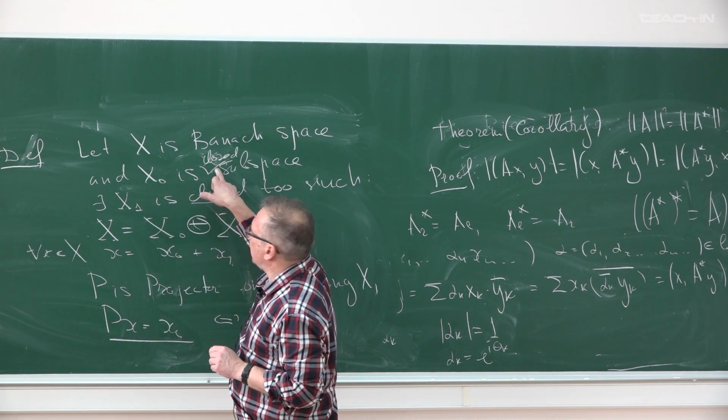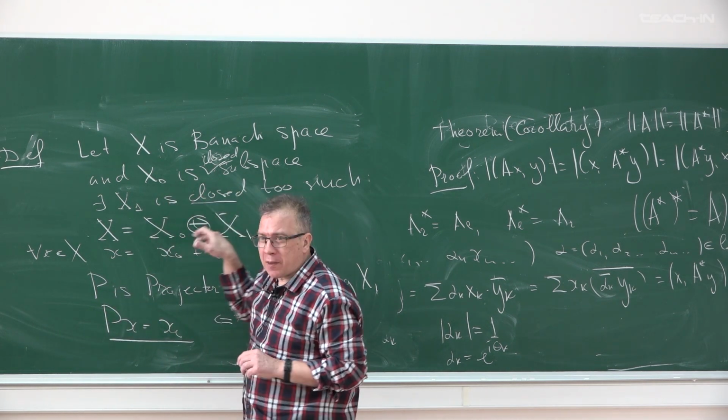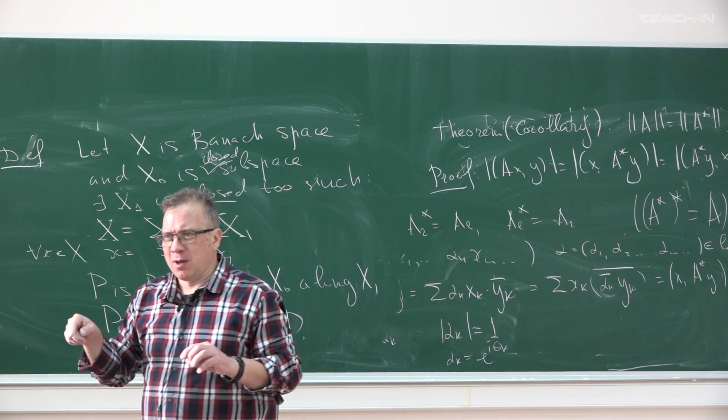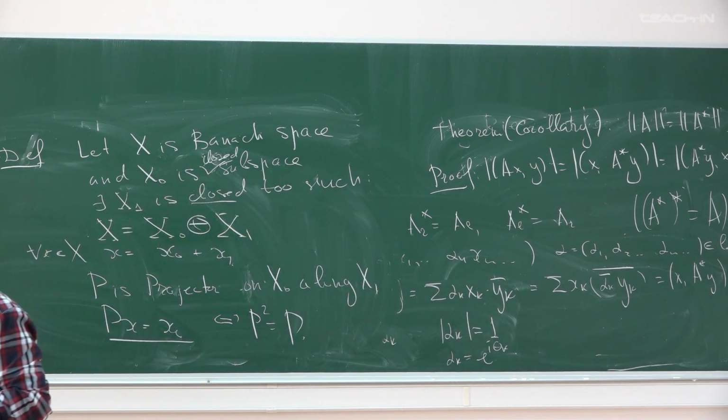I give these assumptions only for one thing, the theorem: a projector is bounded if and only if both subspaces X0 and X1 are closed. If you want to work with bounded projectors, you need to have closed subspaces. In topological spaces we say continuous, but in normed spaces we can say bounded operators.